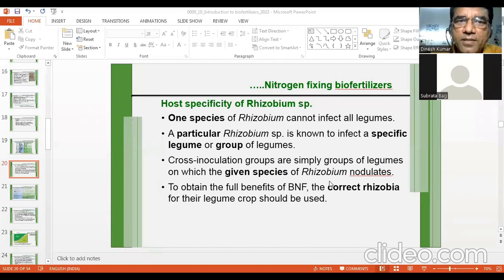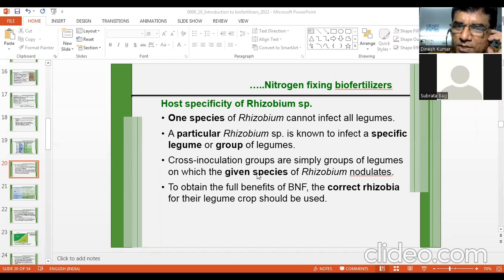Host specificity of rhizobium species, and we call it cross inoculation groups. So cross inoculation groups means one species of rhizobium cannot infect all legumes. A particular rhizobium species is known to infect a specific legume or group of legumes.